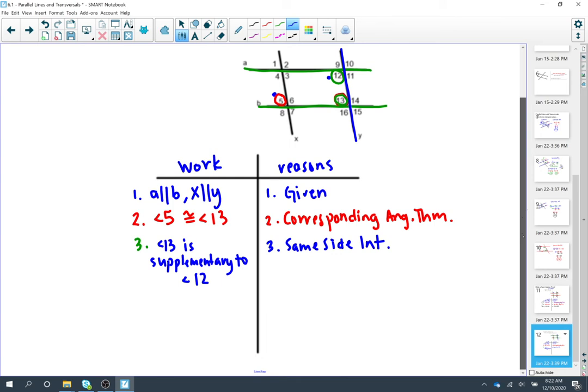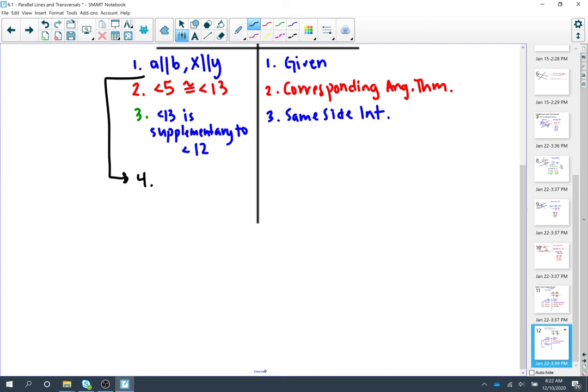Now, once again, we made 2 statements, so we're going to connect them into statement 4. Okay, now, angle 5 is the same thing as angle 13, and I know that angle 13 is supplementary to angle 12. So what I'm going to do is, if 5 and 13 are the same thing, then instead of 13 being here, I'm just going to replace it with the 5.